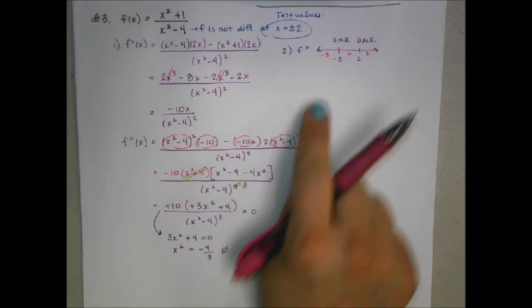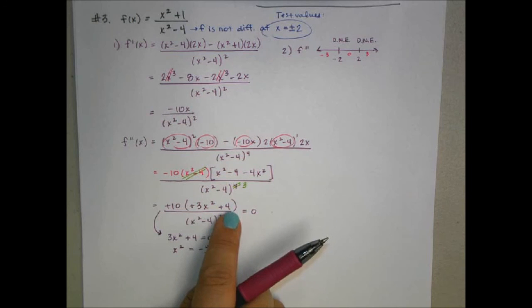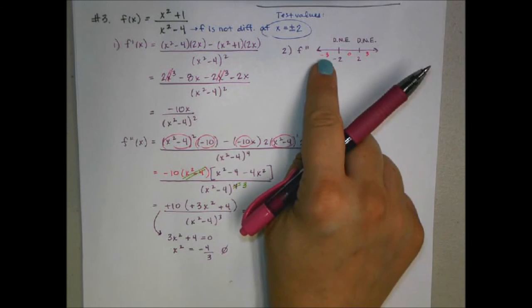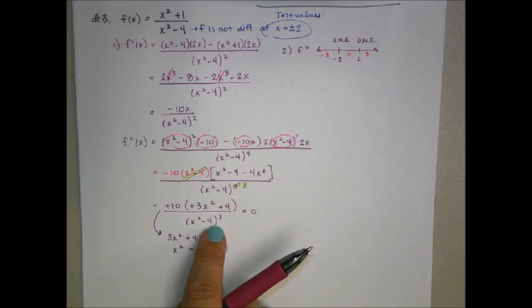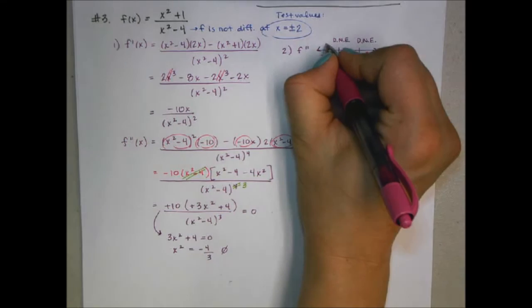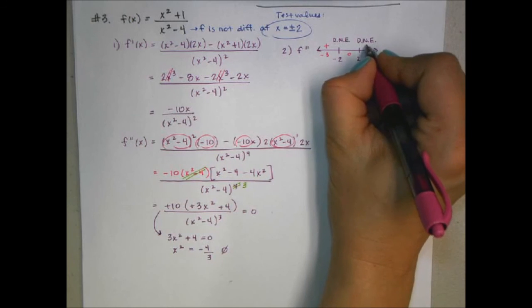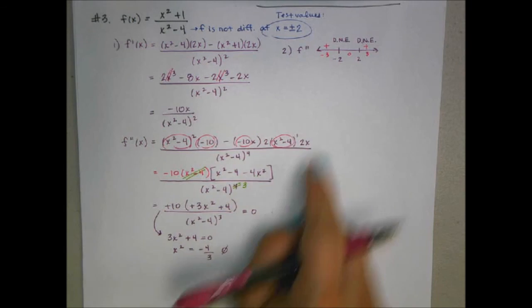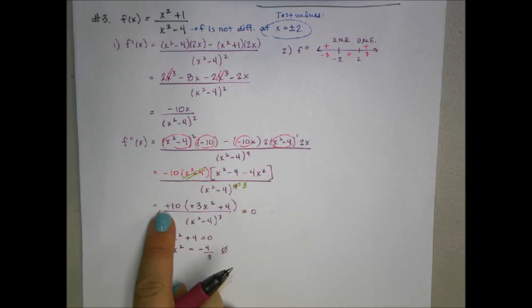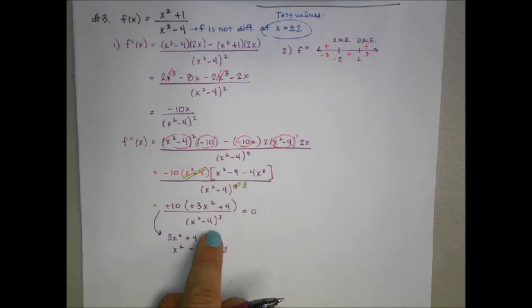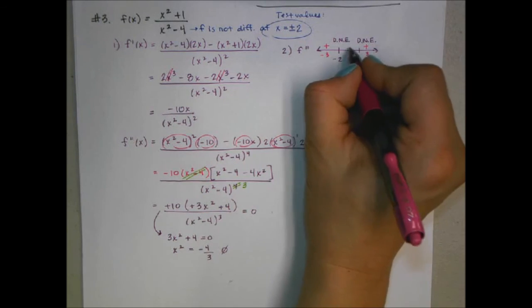Okay, plugging in negative 3, the top's going to be positive no matter what. Negative 3 squared minus 4 cubed is also positive. Okay, we'll get the same result from plugging in positive 3, since we're squaring it each time. And then if I plug in 0, we're going to get a positive on the top. Negative 4 cubed is a negative on the bottom.